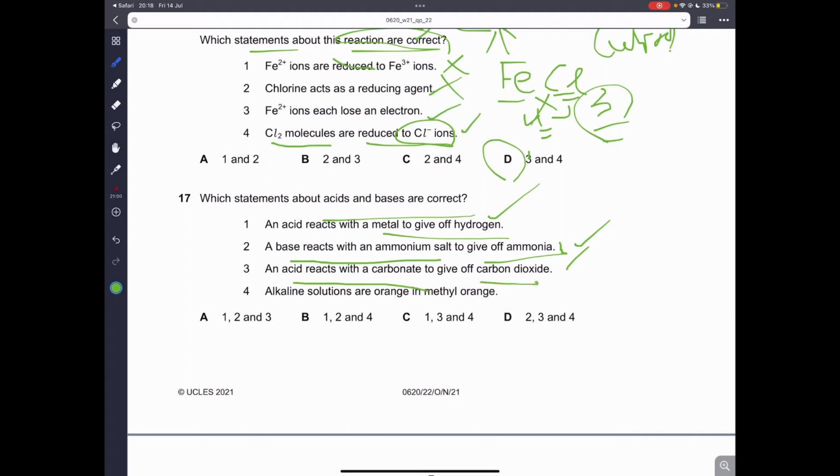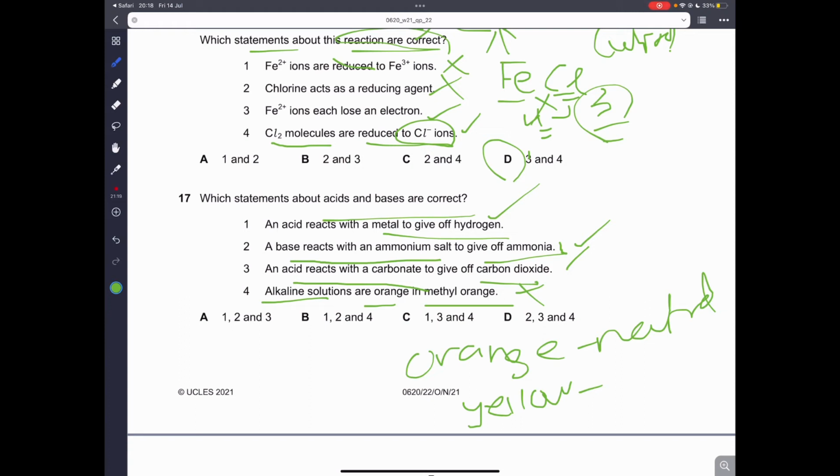Alkaline solutions are orange in methyl orange. This is wrong. Orange is the color of neutral. If it's yellow, the yellow color in methyl orange is alkaline. And the red color is the acidic color for methyl orange indicator. So you have to know your colors.